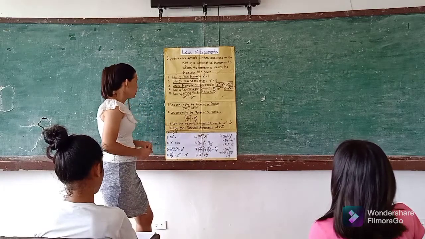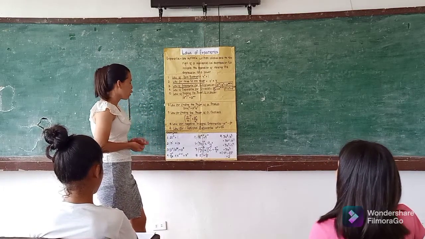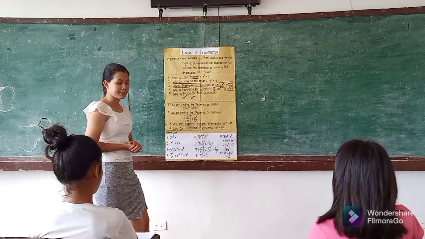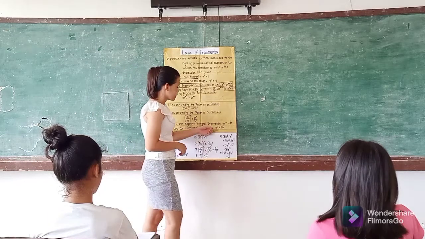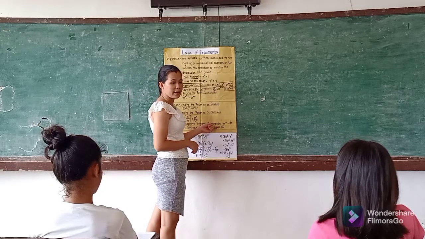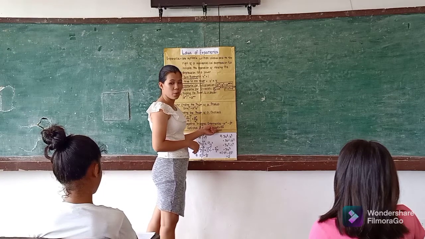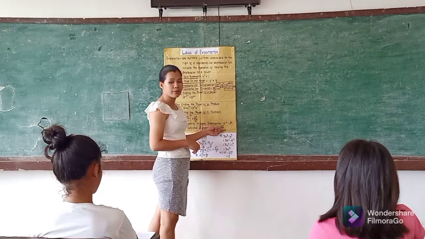Okay, last law, the law for rational exponent. A raised to 1 over n is equal to the nth root of a.